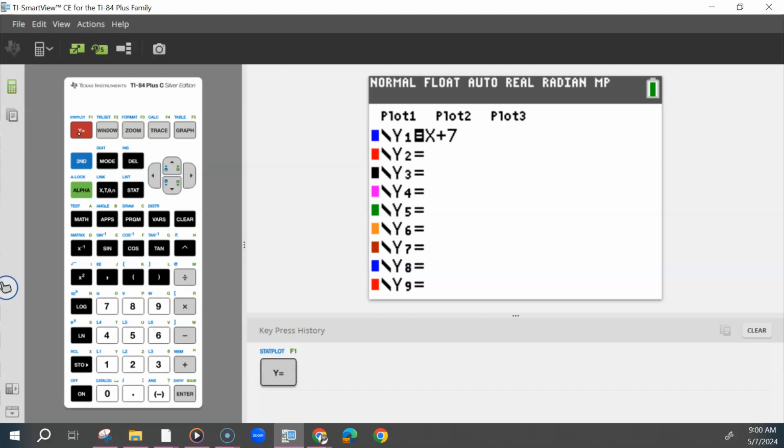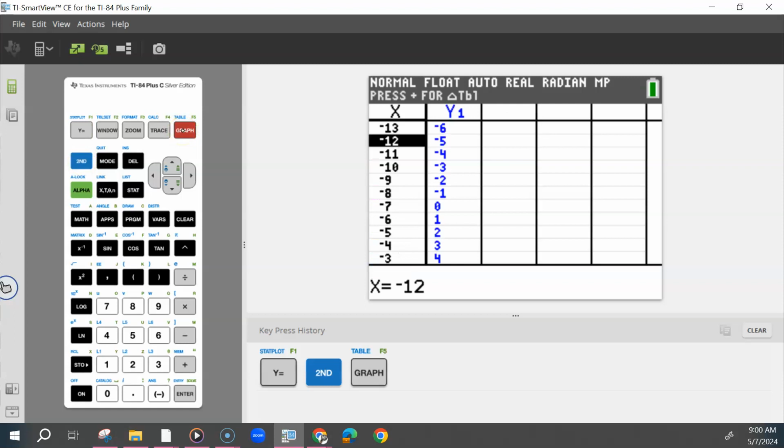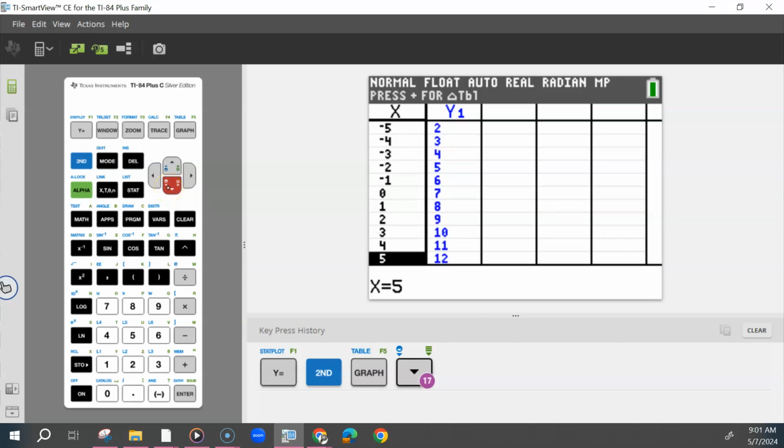And then I'm going to go into the table, second graph. And I could find each of the x values. So I need 5, -1, and -3. So when x is -3, y is 4. When x is -1, y is 6. And when x is 5, y is 12. And then I would just list each one.